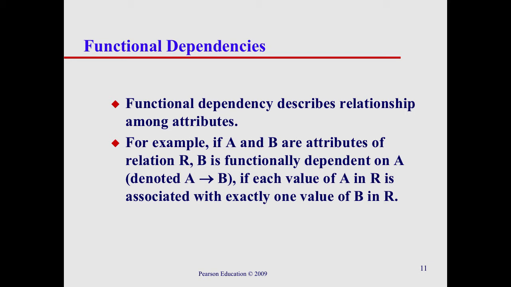We call it a functional dependency. And we say that B is functionally dependent on A if each value of A is associated with exactly one value in B. It's kind of like A is the primary key and B is the dependent part. But A in this case isn't really a primary key because the primary key uniquely identifies the entire tuple.